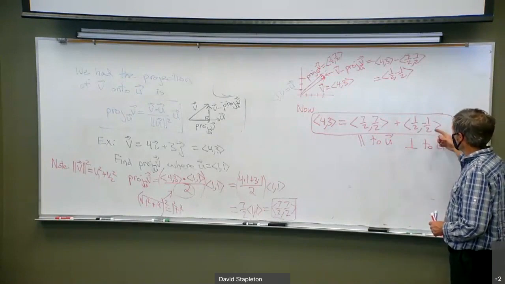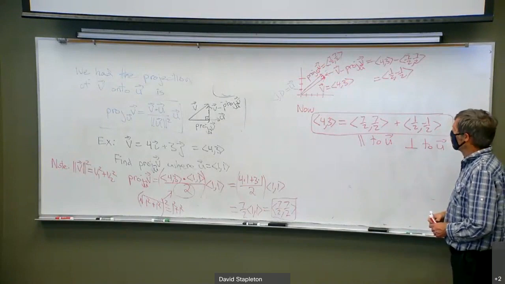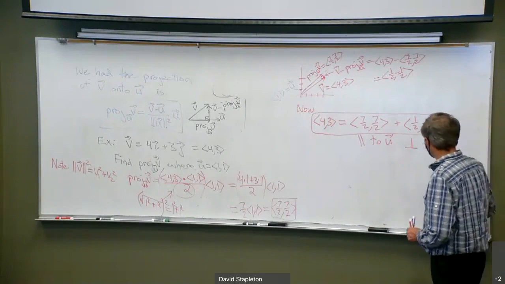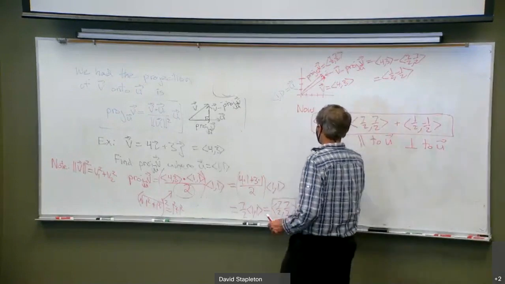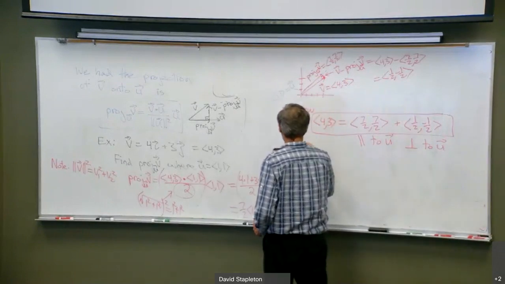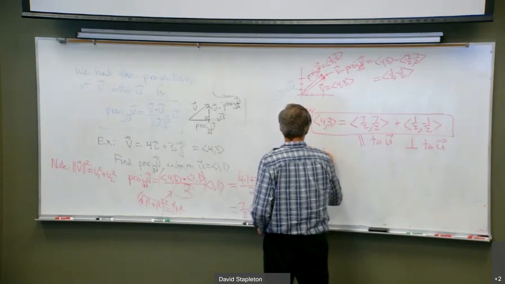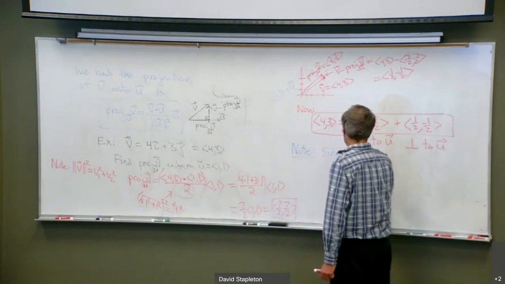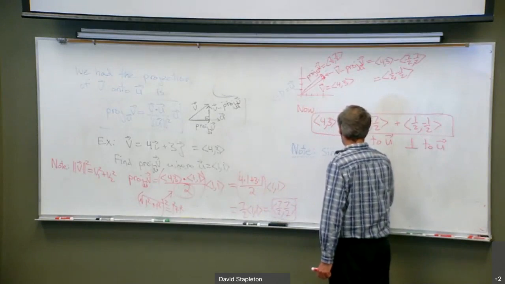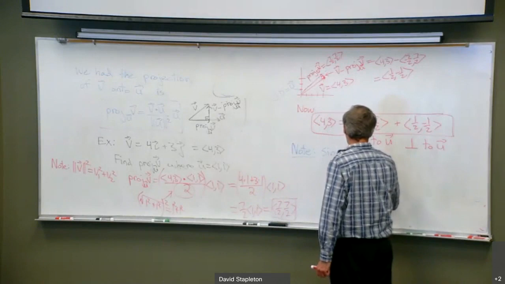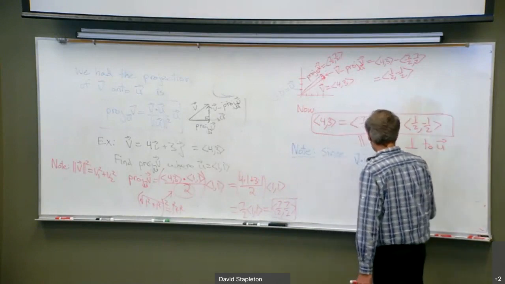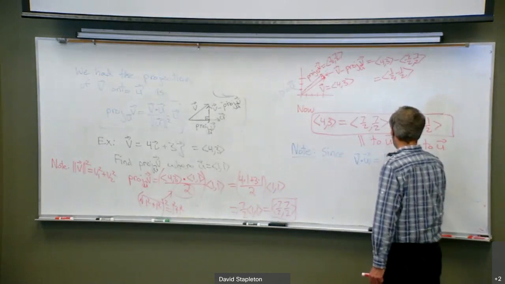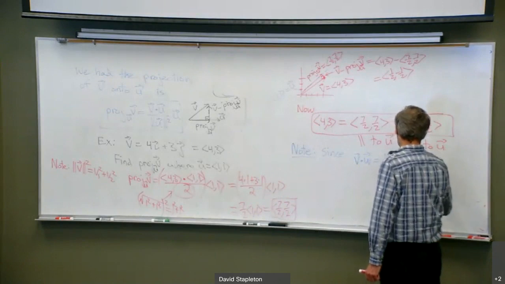Well, this brings up an important topic. How do you know when two vectors are perpendicular? Well, it's like this. Note, we had before, by theorem, that V dot W is equal to the length of V, length of W, times the cosine of the angle between them, right?